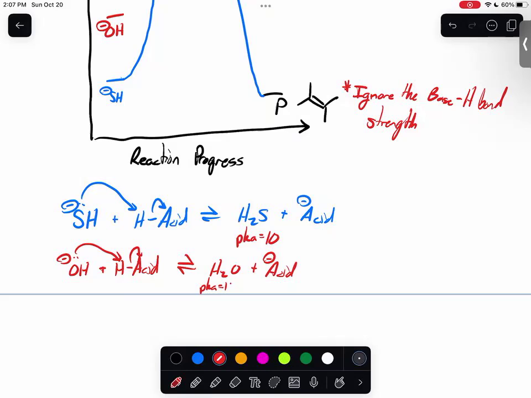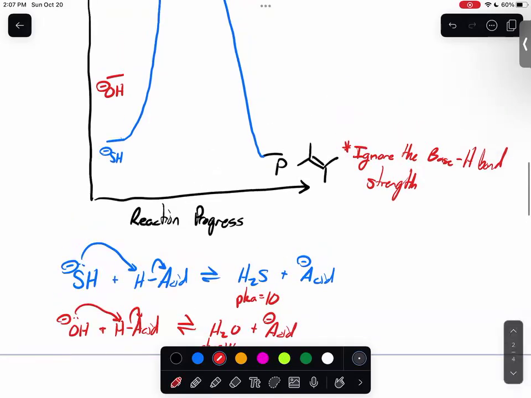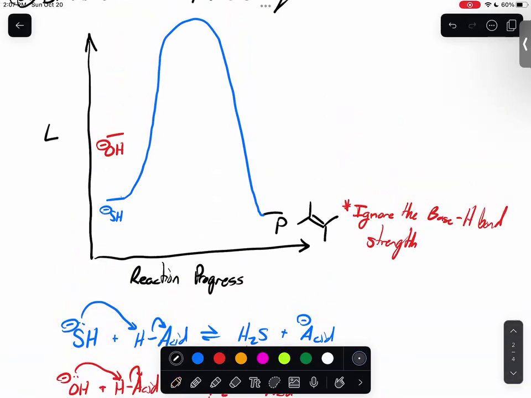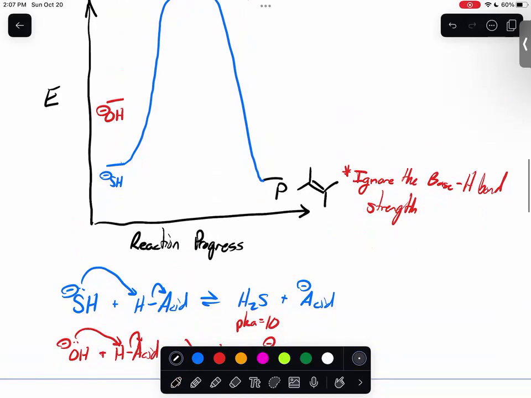So it's a little bit better of a base because it makes a weaker conjugate acid. The other thing is that keep in mind when we're thinking about our differences in the OH versus SH minus, right? The SH minus is more stable. So it's lower in energy to start.